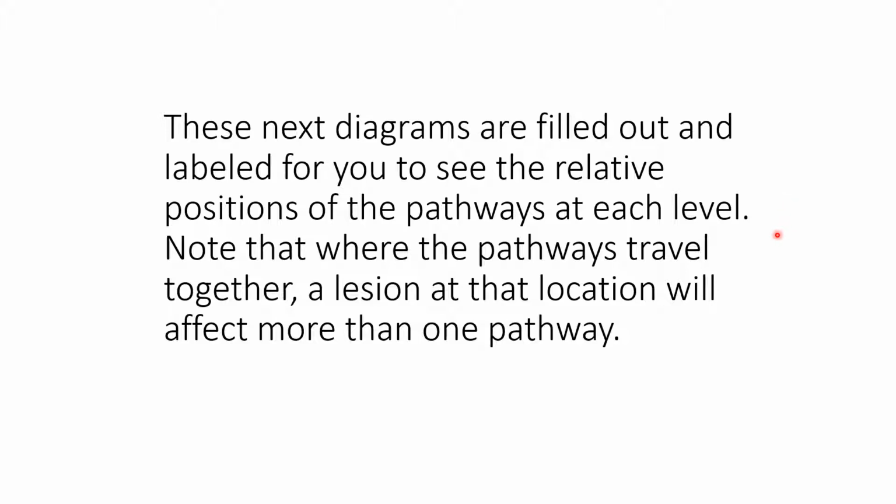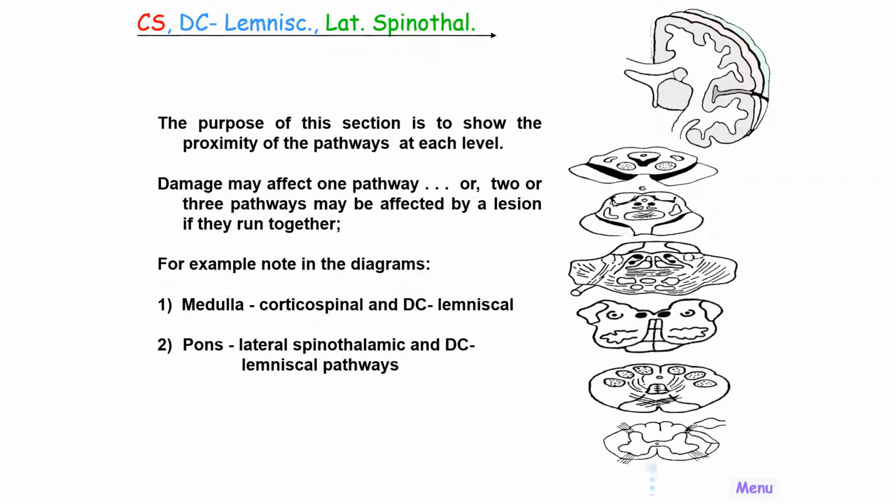Note that where the pathways travel together, a lesion at that location is likely to affect more than one pathway. The purpose of this section is to show the proximity of the pathways at each level.